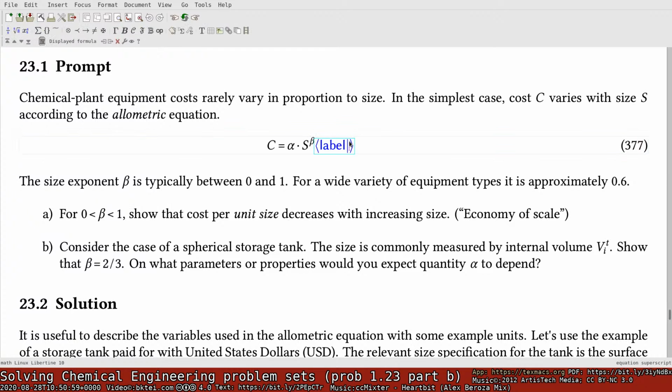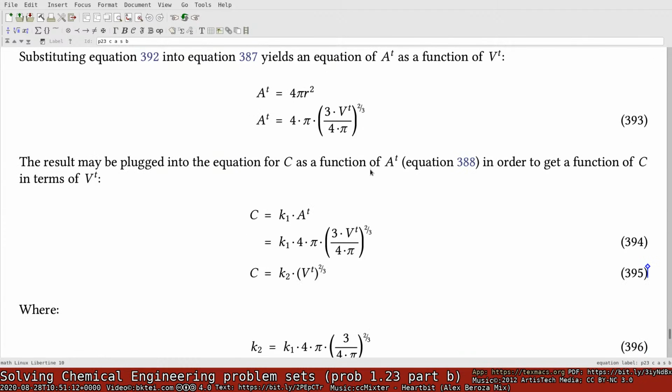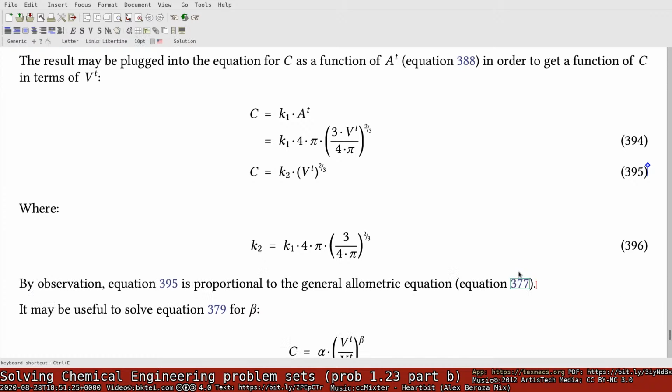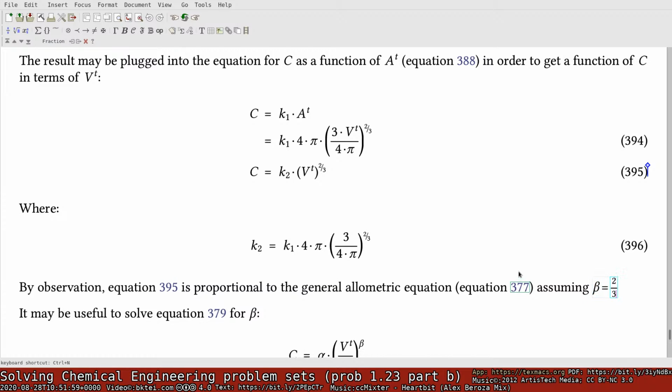Okay, C alpha S to the beta. And the exact units don't matter so much because we're just saying it's proportional, assuming beta equals 2/3.